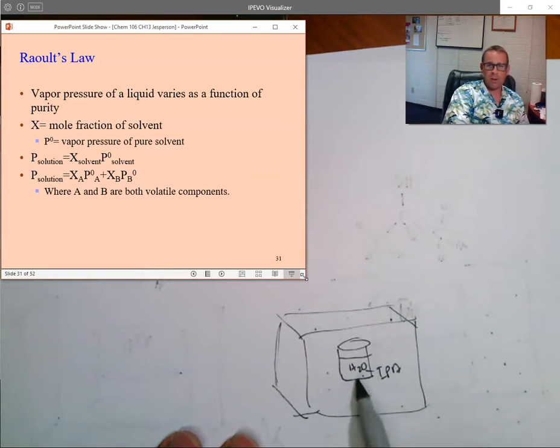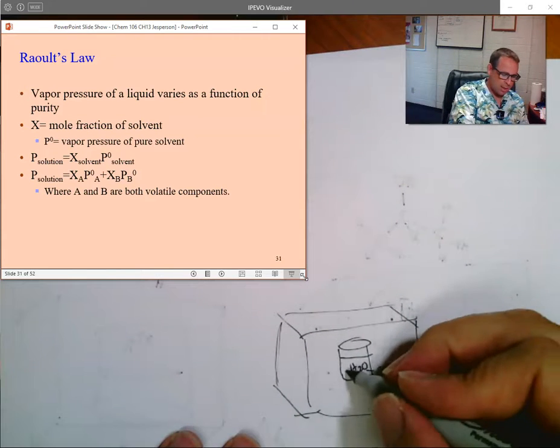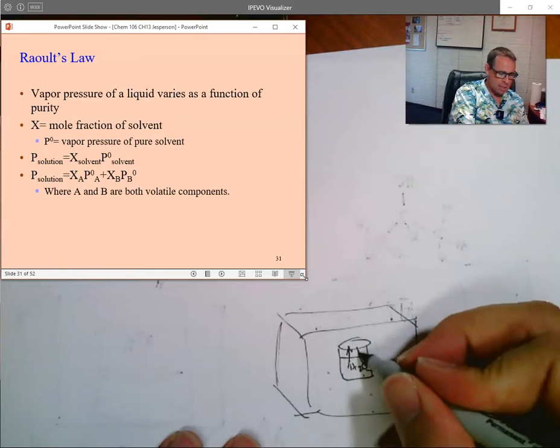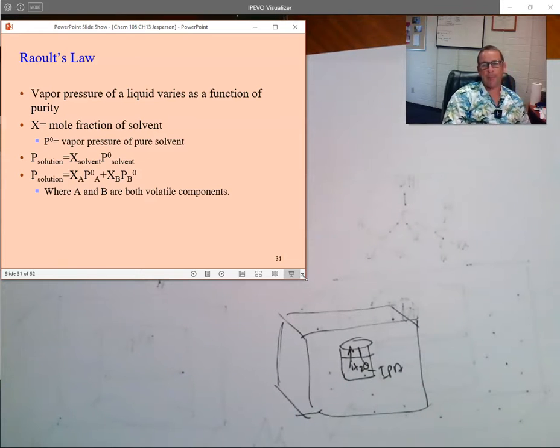And the isopropyl alcohol in here would like to jump out and become a gas just like before. However, there's an interaction between the isopropyl alcohol and the water. We knew there was an interaction between the isopropyl alcohol and the water because they mixed together.